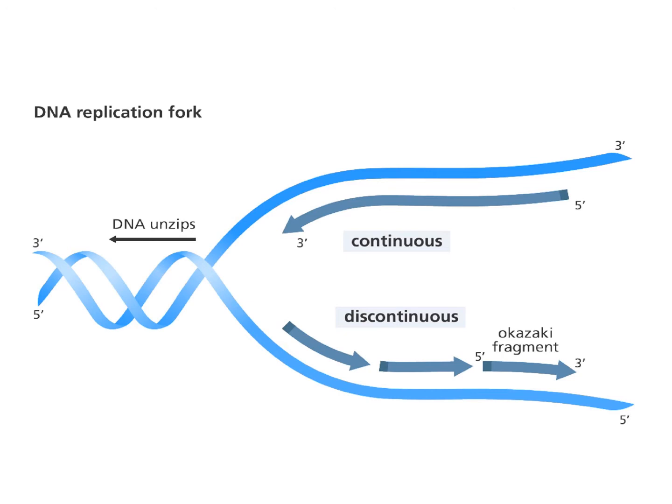And then new DNA is laid down opposite. So we get a team of cell machines called enzymes that work together to build new strands of DNA, here in the darker blue color. They get built across from those original strands.